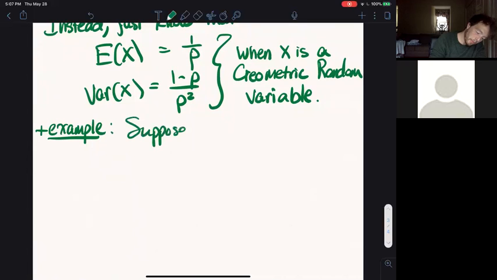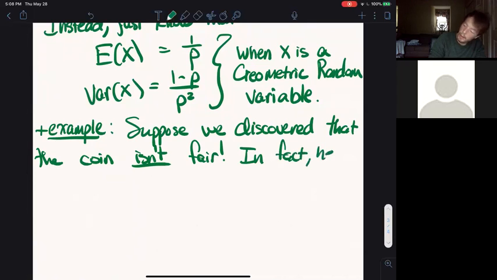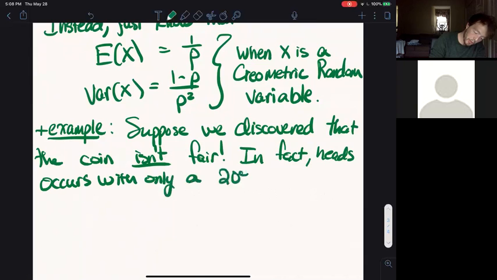Suppose we discovered that the coin isn't fair. In fact, heads occurs with only a 20% chance.